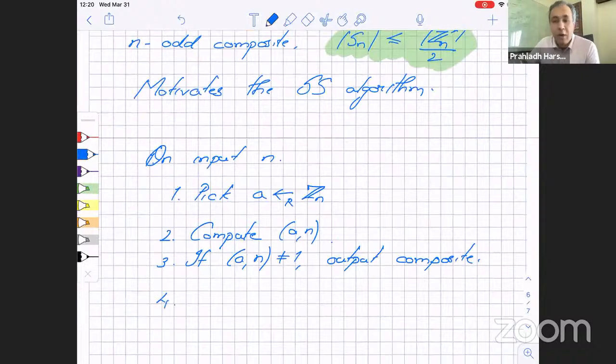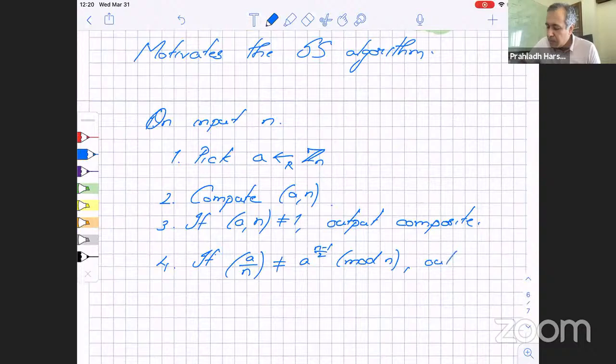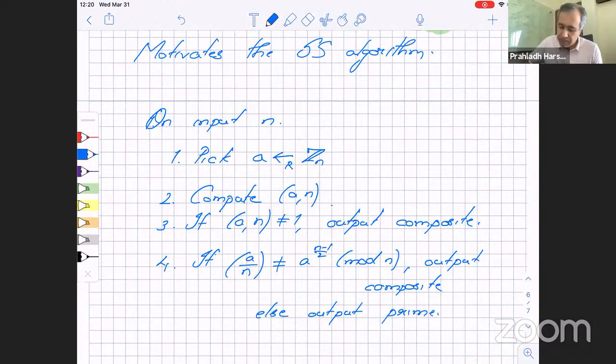Now you know you have picked an A in Zn star. If A by n is not equal to A power (n minus 1) by 2 mod n, output composite, else output prime.